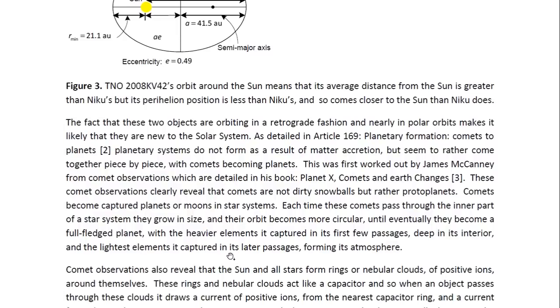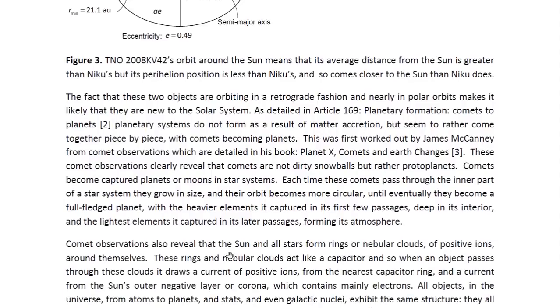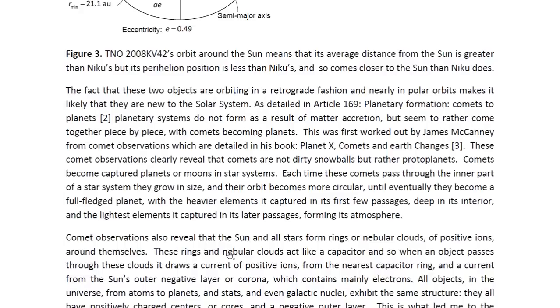As I detailed in Article 169, entitled Planetary Formation, Comets to Planets, planetary systems do not form as a result of matter accretion, but seem to rather come together piece by piece, with comets becoming planets. This was first worked out by James McCanney from comet observations, which are detailed in his book Planet X, Comets and Earth Changes. These comet observations clearly reveal that comets are not dirty snowballs, but rather protoplanets.